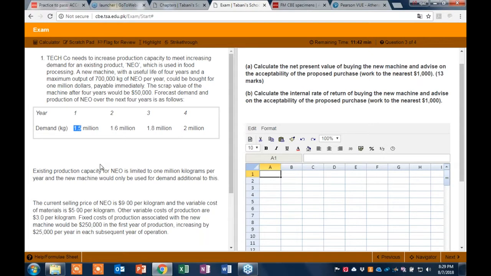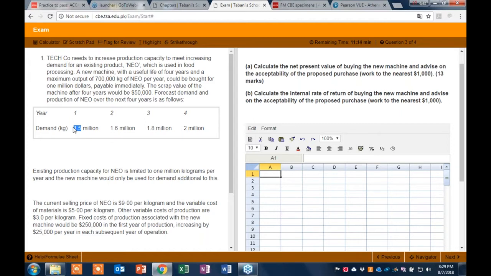So 1 million is the existing capacity of the company. So 1 million will be irrelevant. Whatever we'll be producing above 1 million will be relevant for us. So for the first year, since the total demand is 1.5 million and 1 million is the existing demand, the additional demand that we will be taking into consideration will be only 0.5 million, or we can say 500,000.